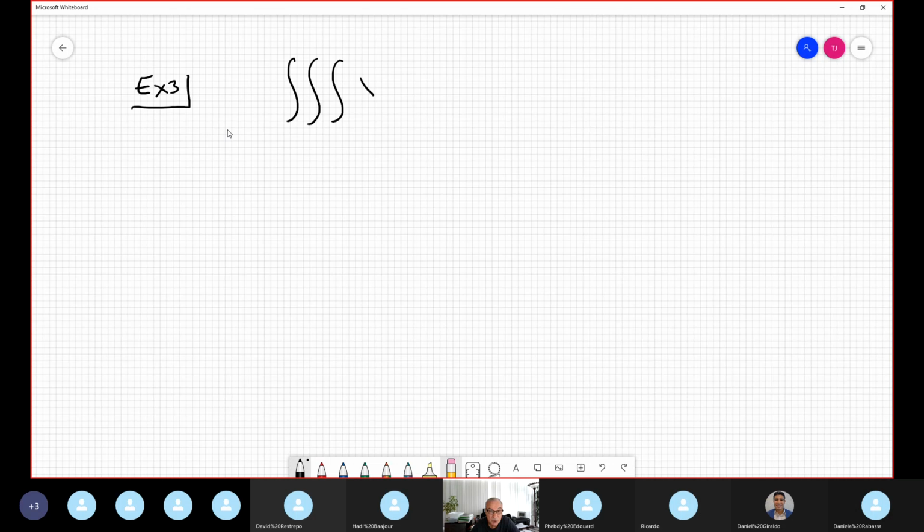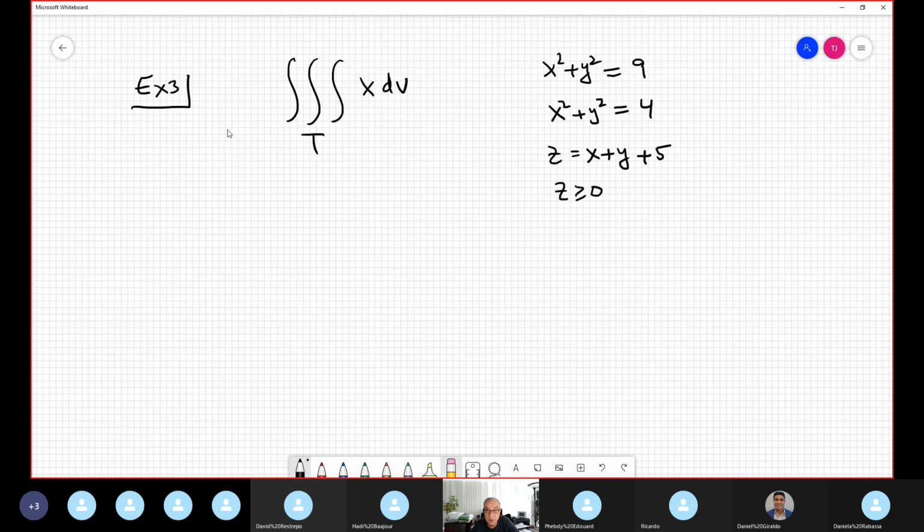The integrand function is x dV, and the region of the solid T is formed by, look, x squared plus y squared equal 9, x squared plus y squared equal 4, and z is equal x plus y plus 5. And of course, z is greater than or equal to 0, in the first quadrant. Okay, this is my solid.